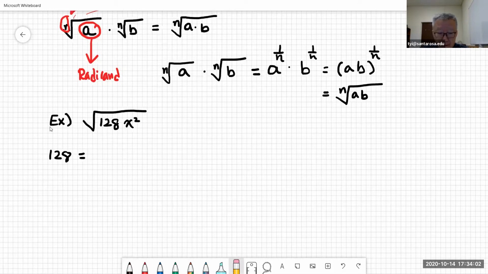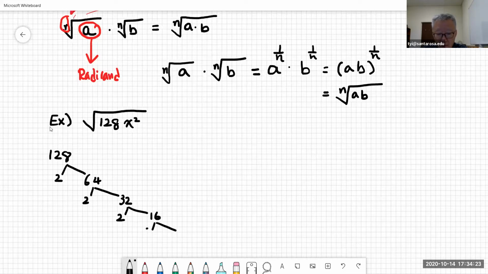If I divide the 128 by 2, I get 64. Again, I'm going to divide it by 2, I get 32. Then divide again by 2, you get 16. Again by 2, you get 8.